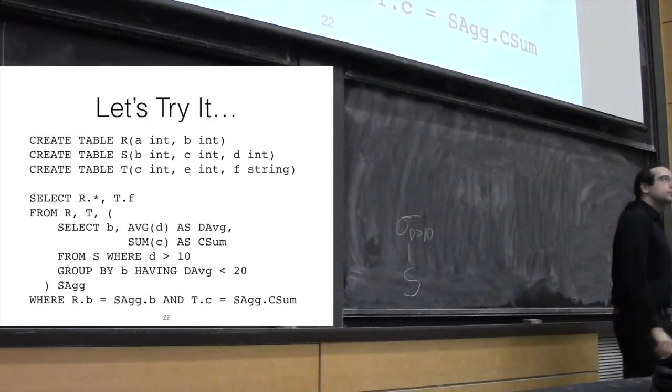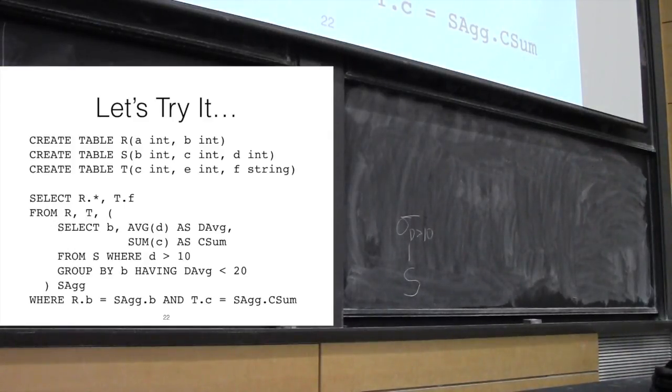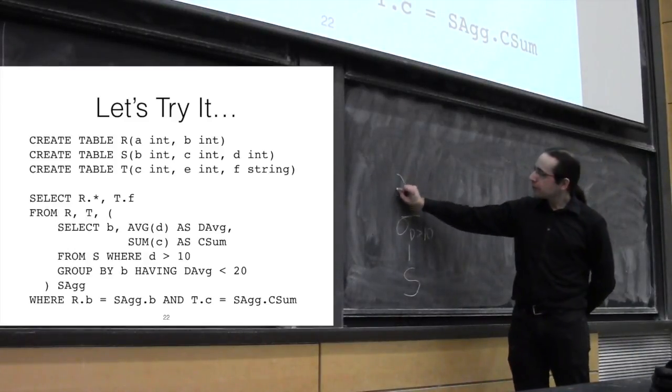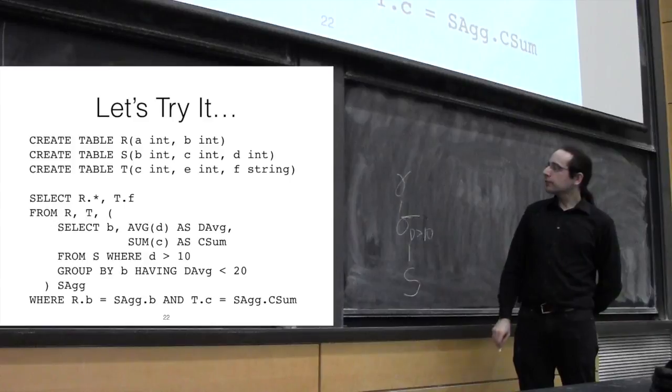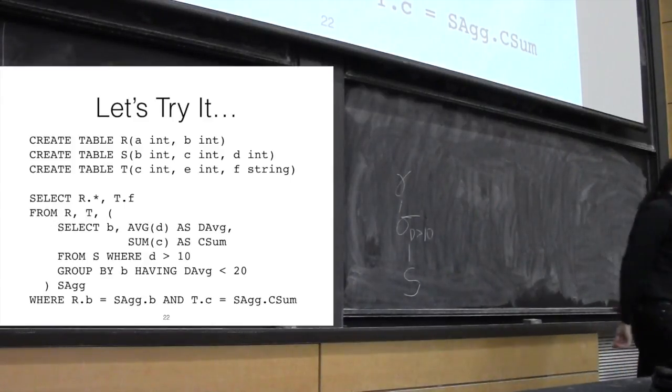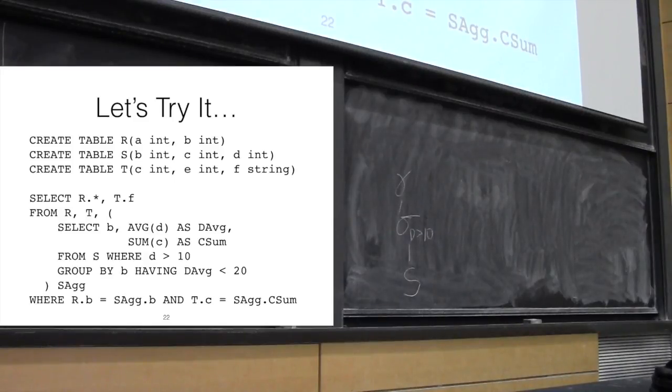Should I go back to the last slide? Do you have to tackle the aggregate first? So after I do the selection, or after I do the where clause, then is my aggregate. Aggregation is gamma for group by. All right, what's next?